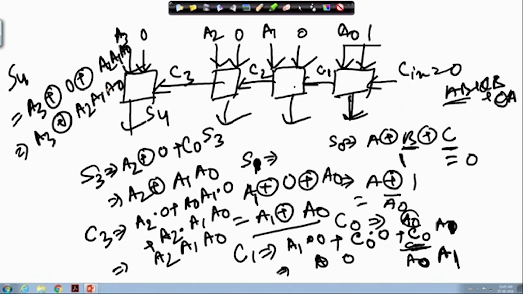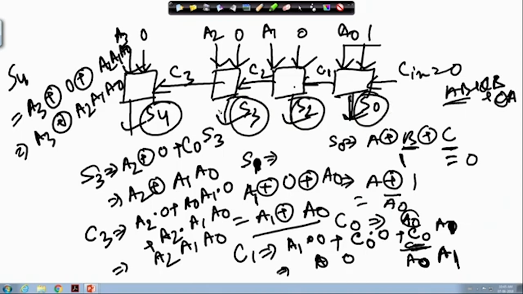So, for 4 bit I can get the expression for each of these corresponding sum values. Now, if I want to make it a generic case, if you follow the trend, the carry is basically propagating and it is XORed with the corresponding input bit of that particular adder circuit, right.